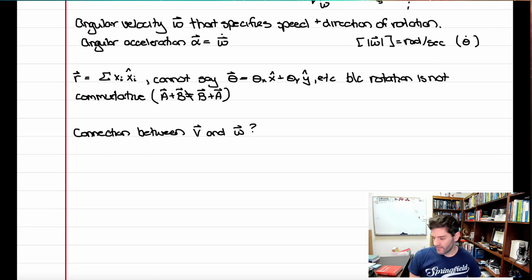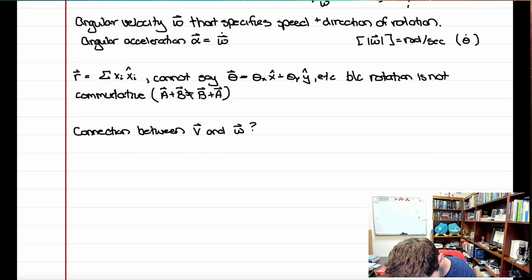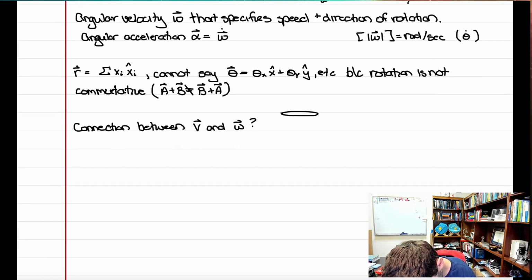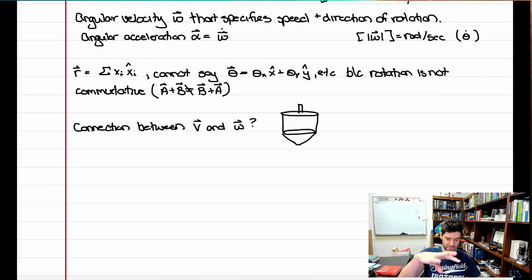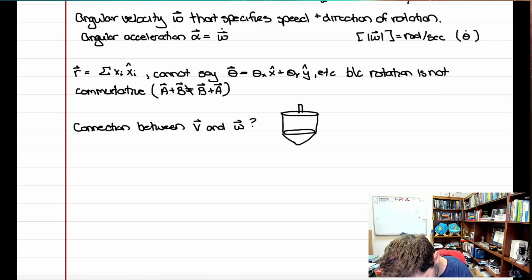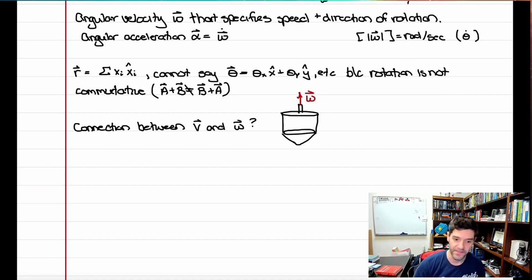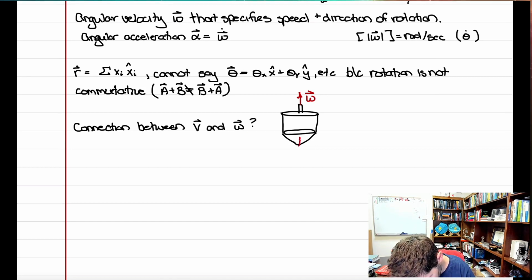If I have, say, a spinning top, maybe I'll even use a spinning top as my example. Here's my spinning top, and it's spinning on the table such that it has some omega vector that points upward through the middle of the top, above the point at the bottom.